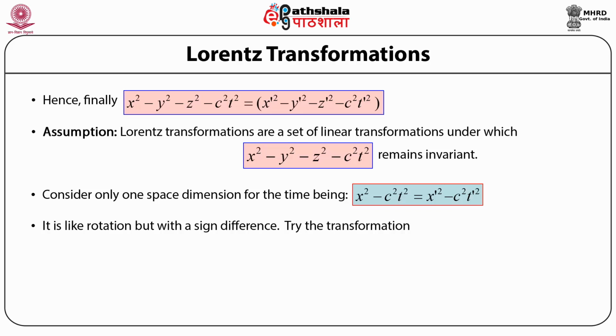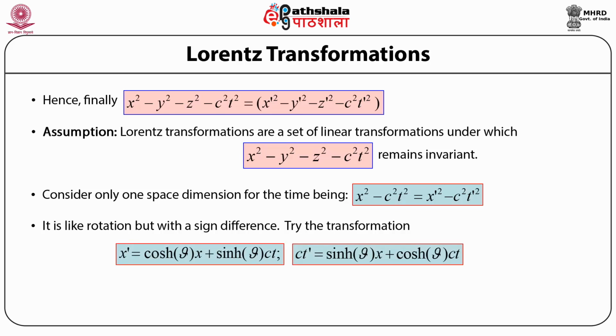Let us write down x′ as being equal to cosh(θ) times x plus sinh(θ) times ct. Similarly, for the time coordinate, we can write ct′ is equal to sinh(θ) times x plus cosh(θ) times ct.